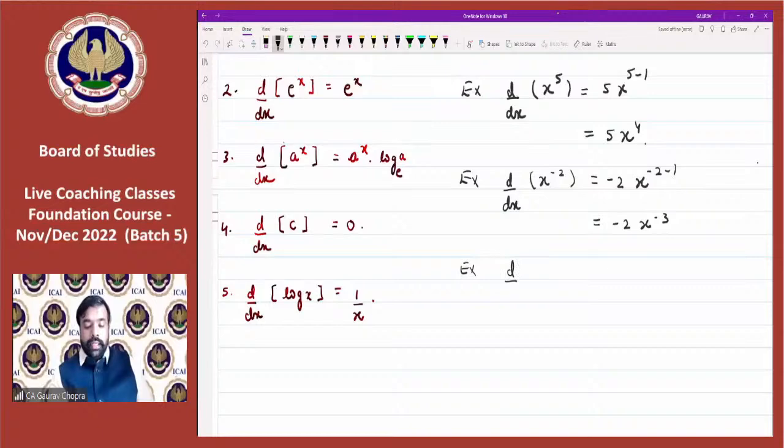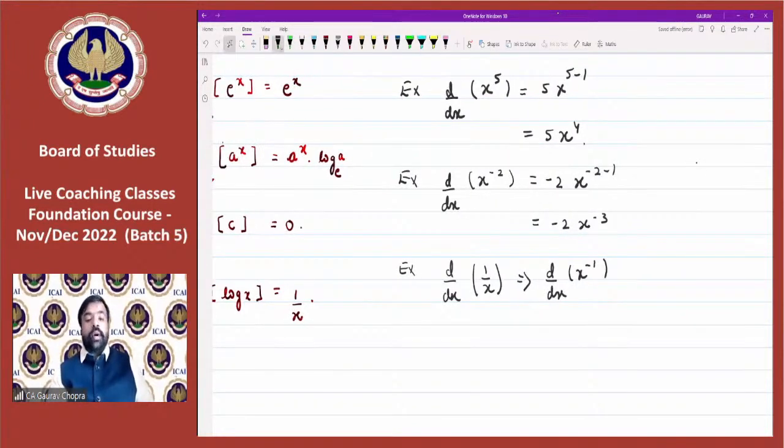d by dx of 1 by x. Now this time we have to find the derivative of 1 by x. Now 1 upon x can be written as x to the power of minus 1. And now x to the power of minus 1 can be easily calculated.